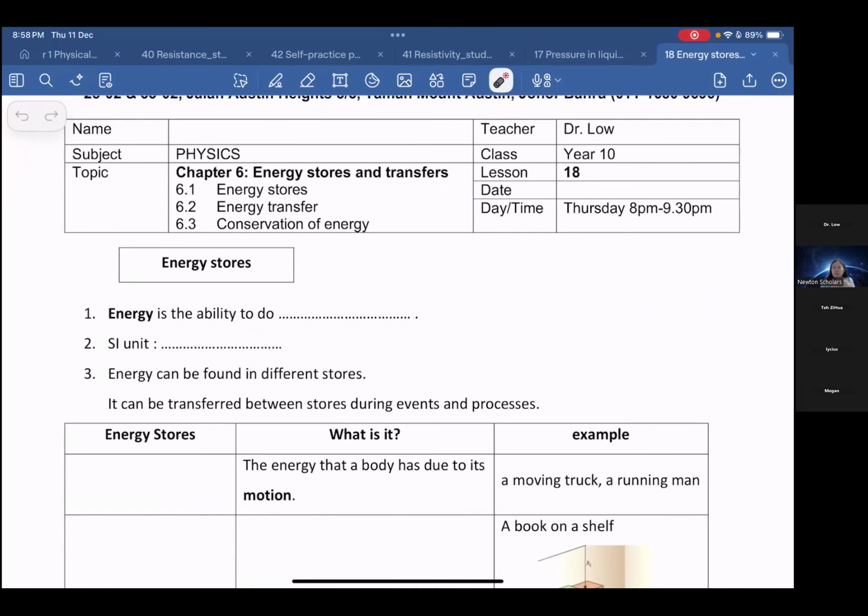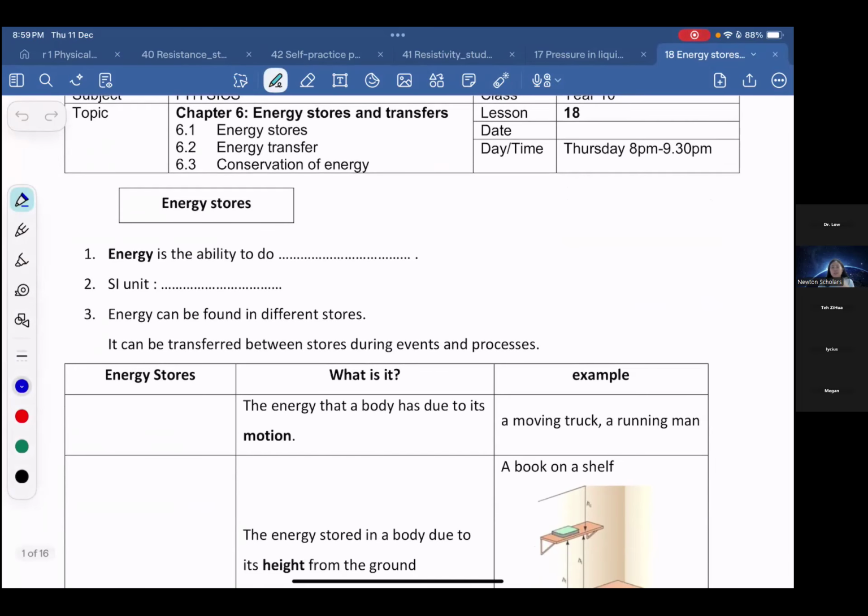They will store as some form, then after that, they will transfer to another. My sequence and chapters might be slightly different from your school because we are using different textbooks, but whatever the sequence, all the syllabus will be covered.